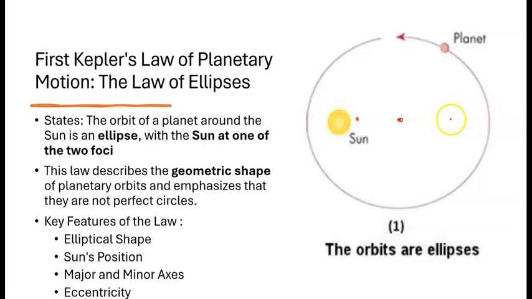So it has two focal points, and the sun is located at one of the two foci. And an ellipse has a major axis, semi-major axis, and semi-minor axis.